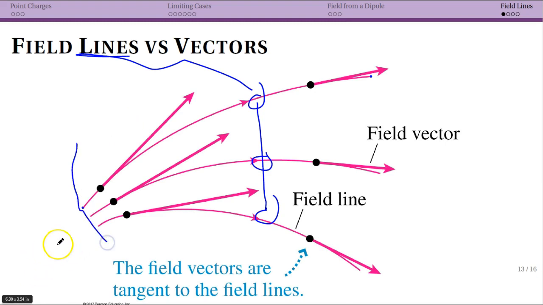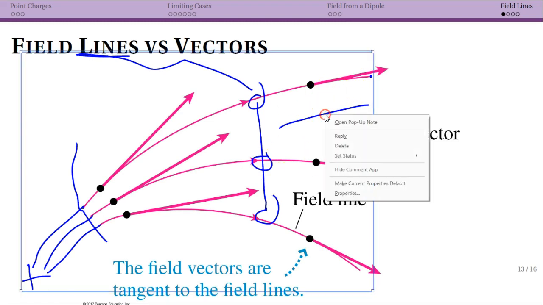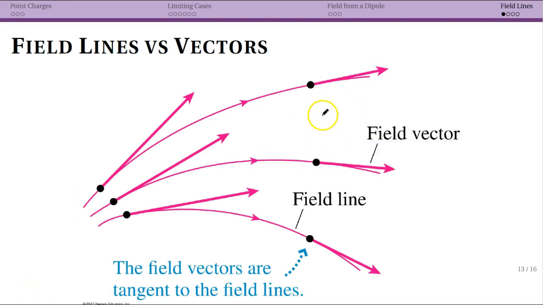But you can imagine that maybe there was a charge over here that these actually started at, but that's off the screen and you don't see it. So what you can't do is just start a line like this in the middle of your page. It's okay to have things start off the page, but you can't show ends for field lines within the page itself. So this would be bad.